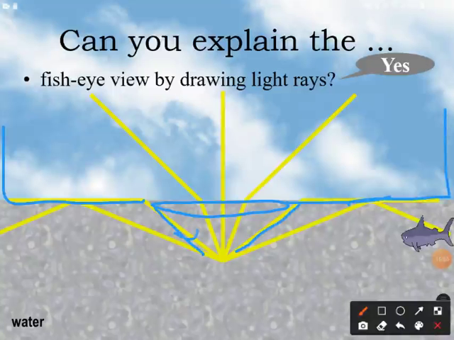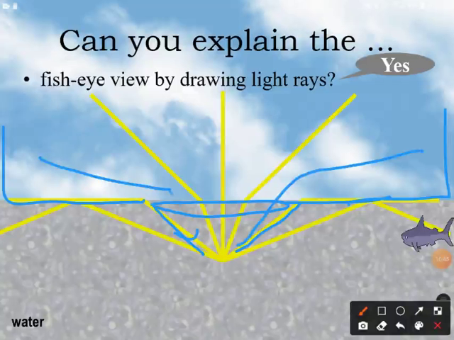That means outside the water, all those coming from this side can also be easily seen. That is why when we go near the water in a pond, you may be going very quietly, but the fish inside the water can easily see you. That's why they run away when you go near them, right?